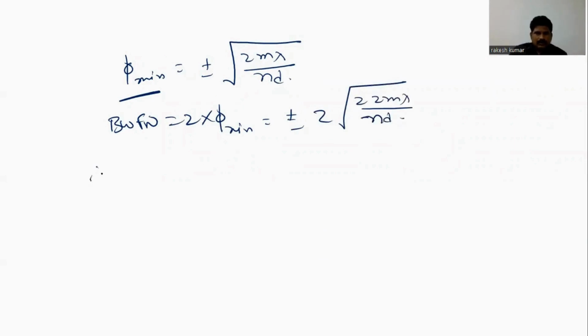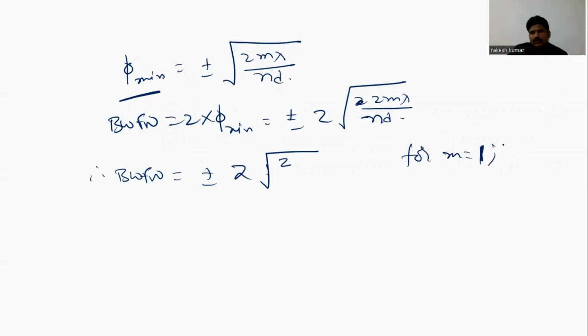Therefore, beam width between first nulls is equal to plus or minus 2 into root of 2 lambda by nd for m equal to 1, that is for the first side lobe. This is in terms of radians.